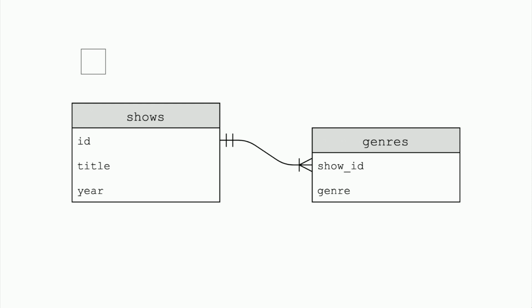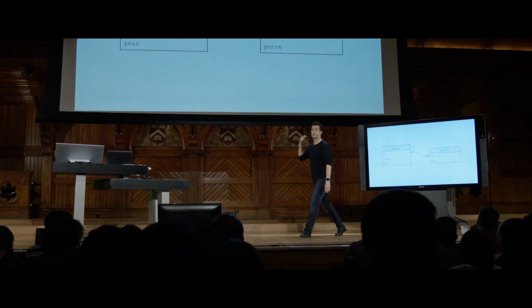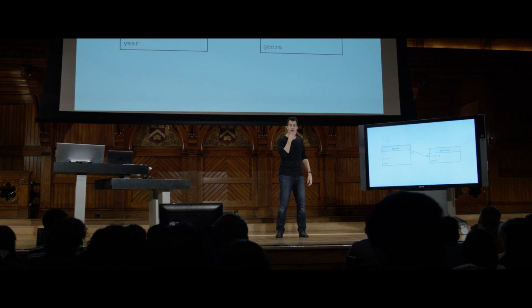And just by convention, to keep us sane, instead of calling it ID here, we've called it show ID to connote that it came from a table called shows, plural, but it's a single ID from a show. So by convention, humans often call them table name minus the s underscore ID. And then the keyword here, genre, is comedy or drama or documentary or some other genre as well.